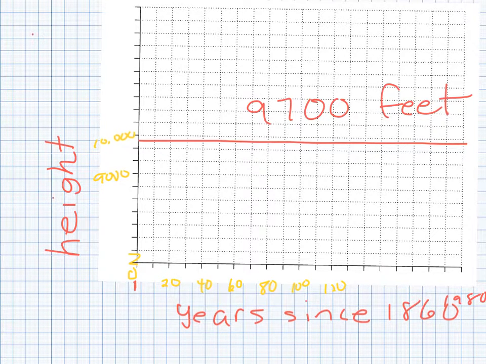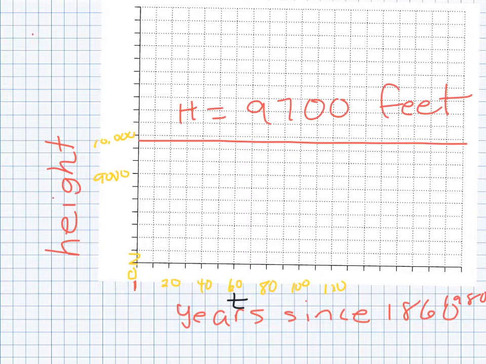So the equation for the height during this time is h equals 9,700 feet. The domain is all the values of t between 0 and 120. So down here we're talking about the t.